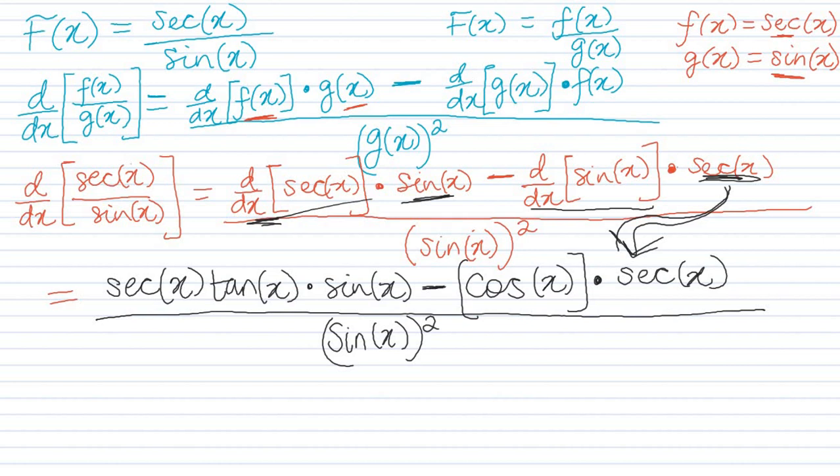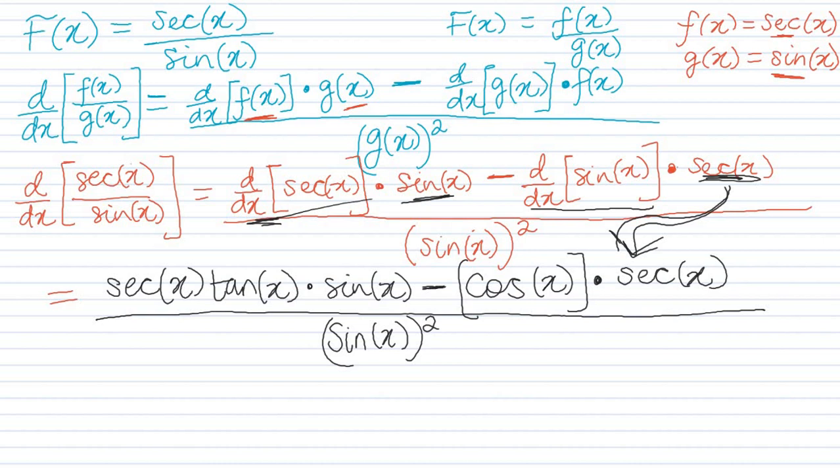The whole point of math is to solve something and to get the most simplified answer possible. That's the best way to do math. Not that this answer is not correct. Secant x, tan x, sine x minus cosine x, secant x divided by sine. That's good. That's just a lot of work. That's a lot of information.